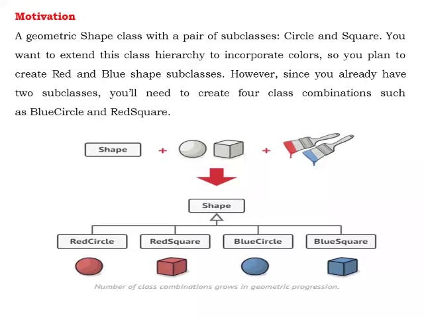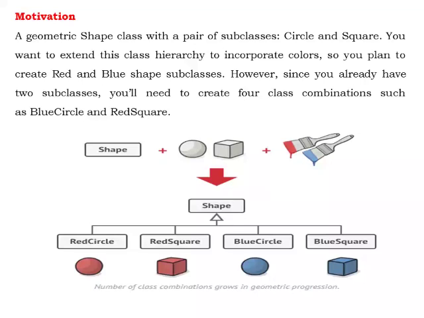So here the number of class combinations is large. Suppose we want to add a triangle to this shape. Again we have to add red triangle and blue triangle.